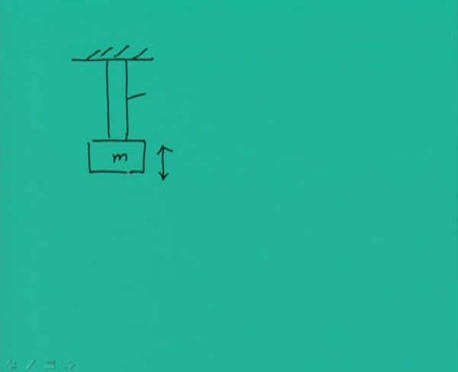For this case, we know from strength of materials that if we apply an axial force to this rod, the deflection of the rod is given like this, and from here we can get the axial stiffness of the rod, that is P by delta, load by deflection, which will be given as AE by L.